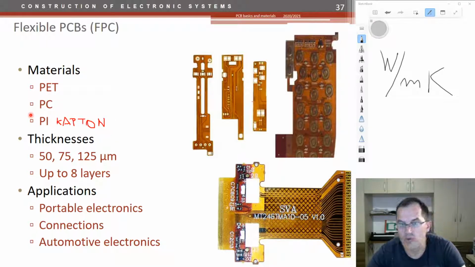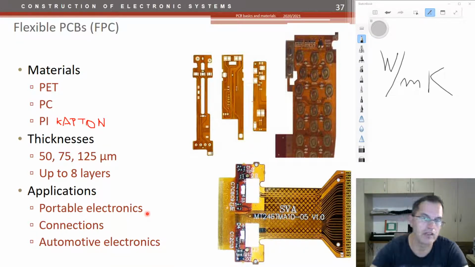And they are most used for electronics, portable electronics, where the space is of essential concern, and also cabling and flexible connections are there. This is an example of a keyboard, some cables, and some electronics cables with some extra components placed on it.